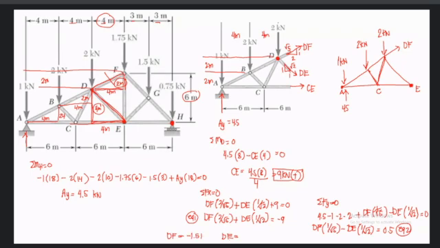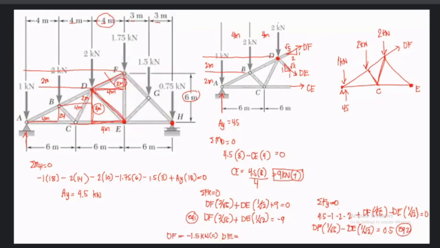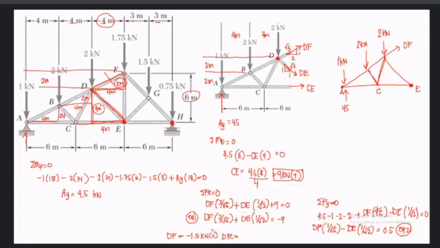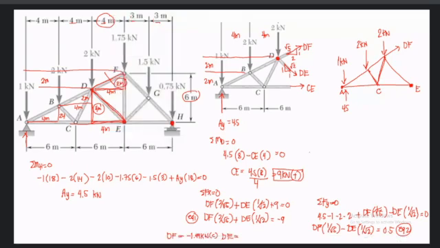Wala lang energy mag-solve. So what's your DF? 1.49. Okay. So that's 1.5. And your DE is now 1.65. So this is also under compression.